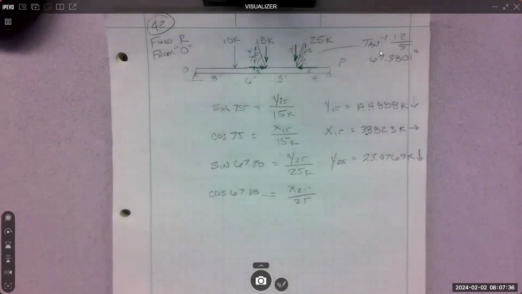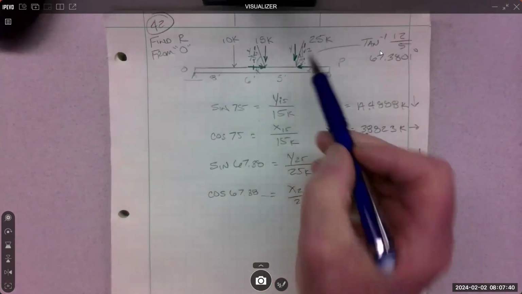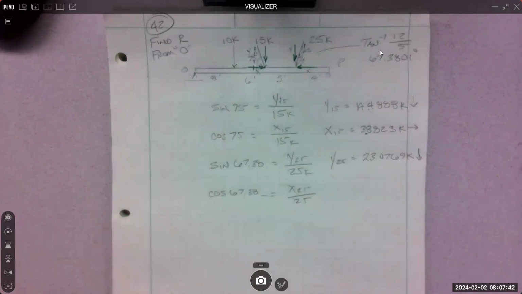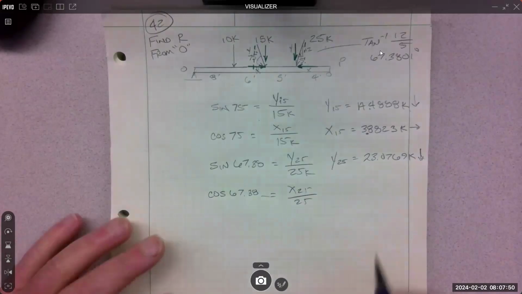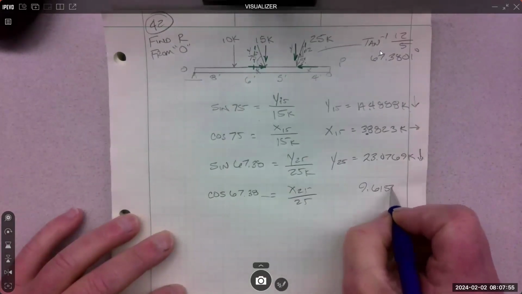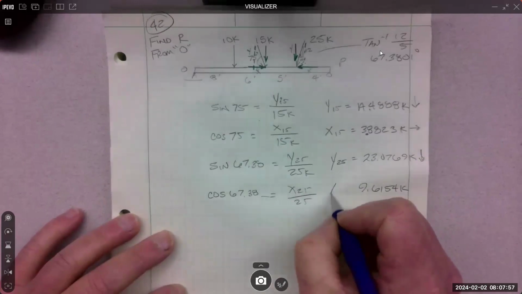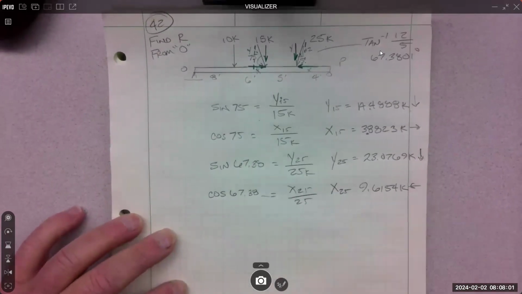That would be adjacent, which is x, adjacent to that angle, over 25. It's cosine. 9.6154. It's the x of the 25, and it looks like it's pointing this way.